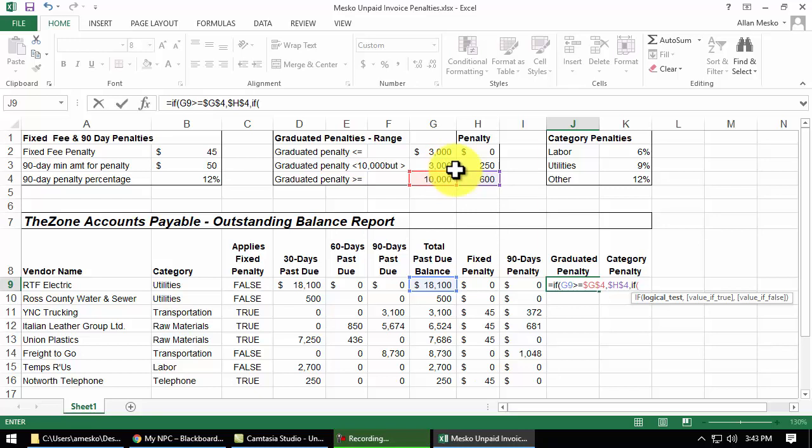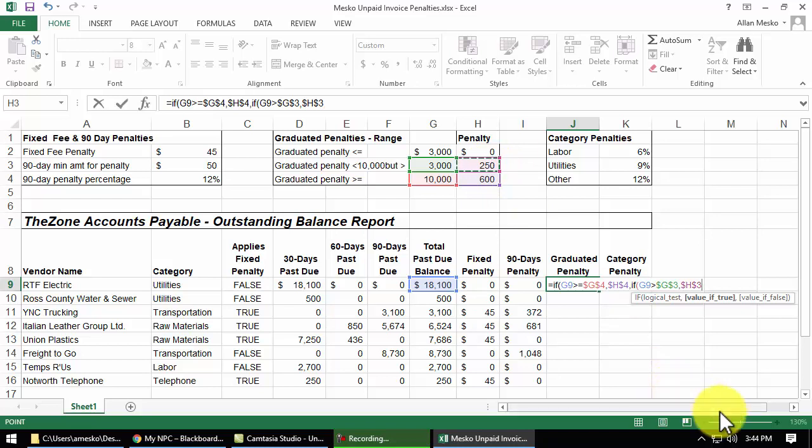That'd be strictly greater than 3,000, wouldn't it? So I say, check to see if that thing again is greater than 3,000, but we don't want to type 3,000. We want to click on this 3,000. That's an absolute reference. If it's greater than 3,000, 250 is our penalty, and that's absolute.